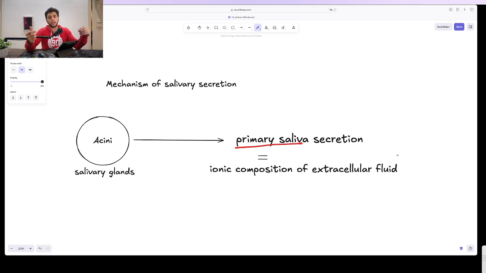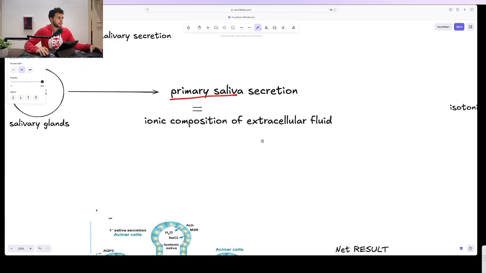And also aldosterone, the hormone that acts on the kidney to make it reabsorb sodium, also acts on the salivary glands and salivary ducts to reabsorb sodium. And of course, we need high bicarbonate ions in the saliva, because we need a buffer to neutralize any acidic food that we eat.